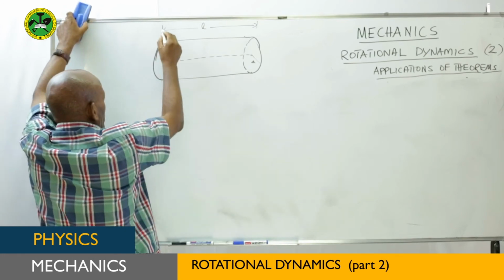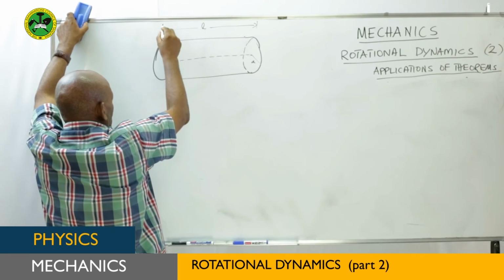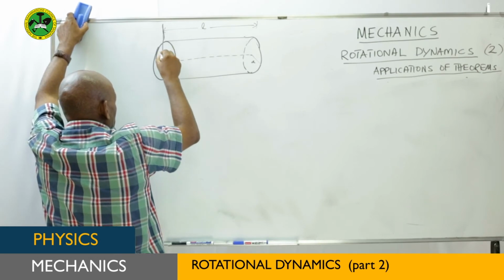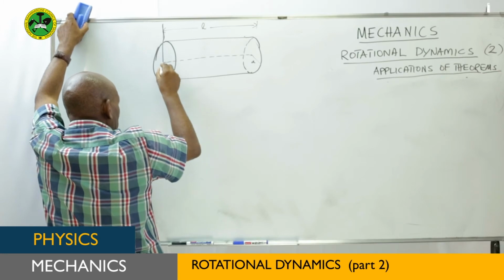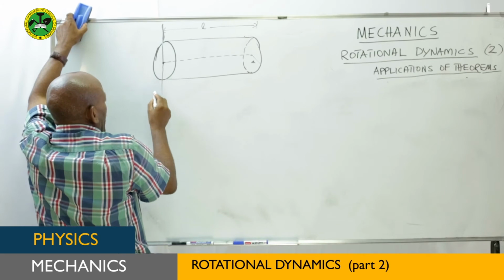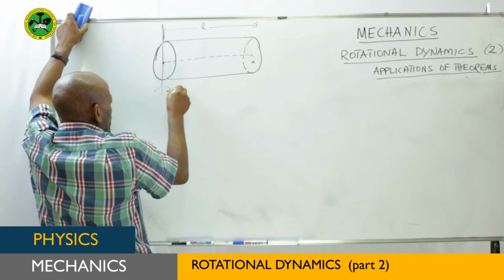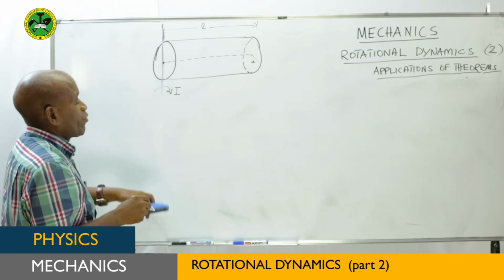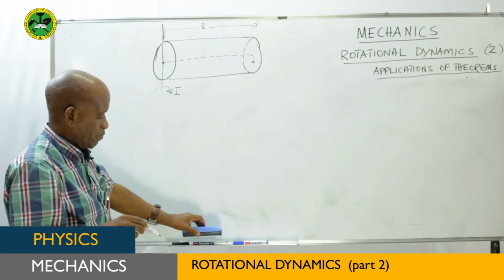So we can take this to be the side where the axis is passing. It means it is passing through its center, so this is the axis. We now need to determine the moment of inertia about that particular axis.